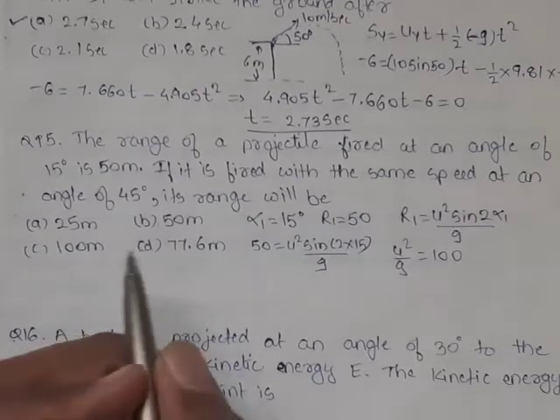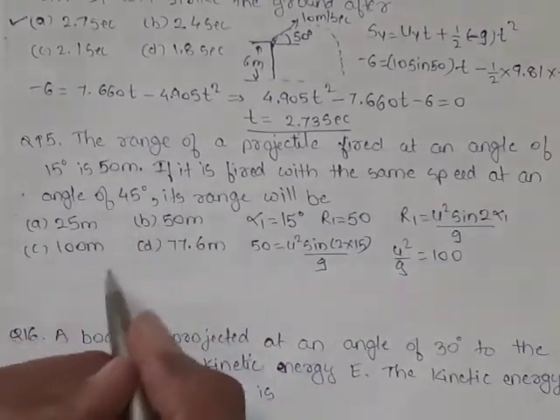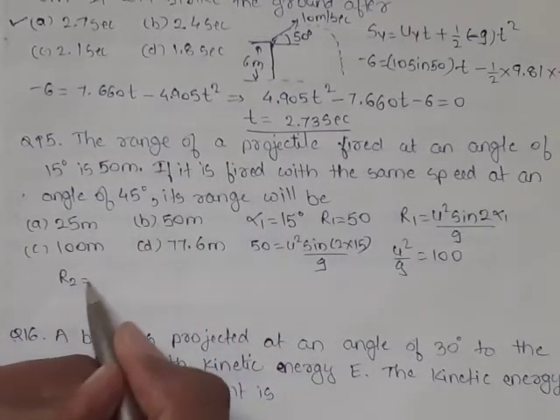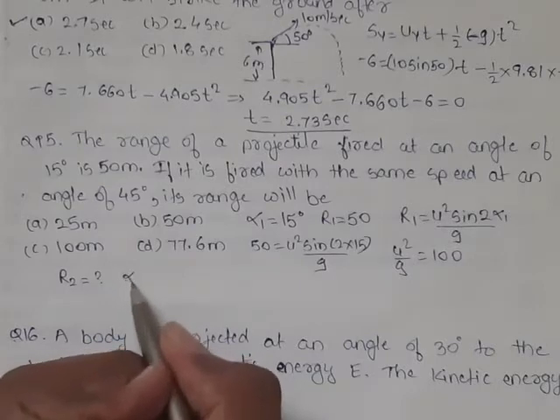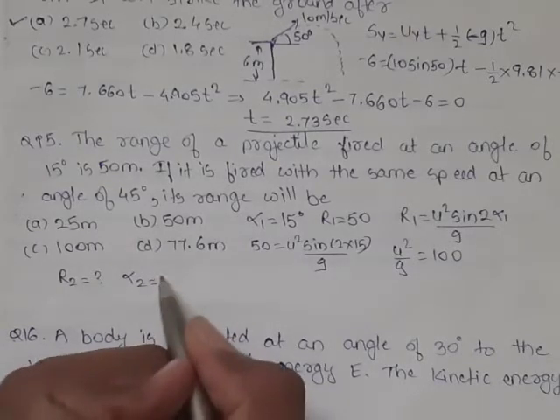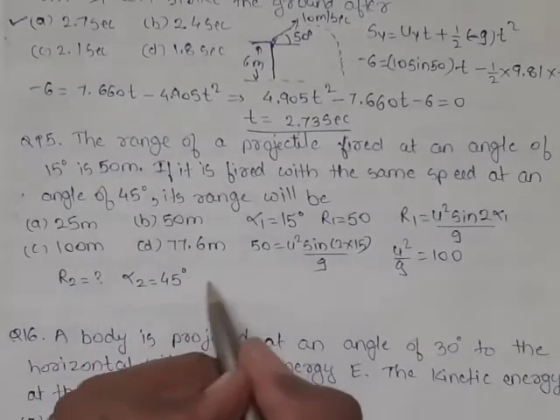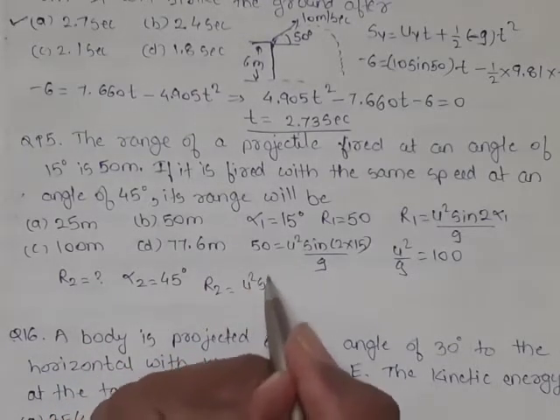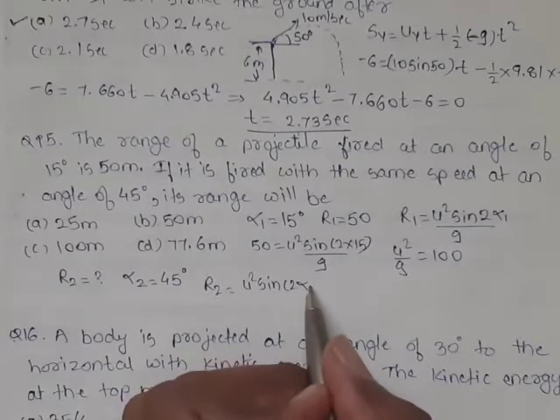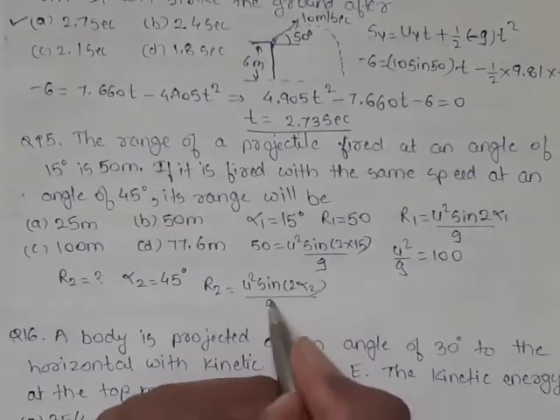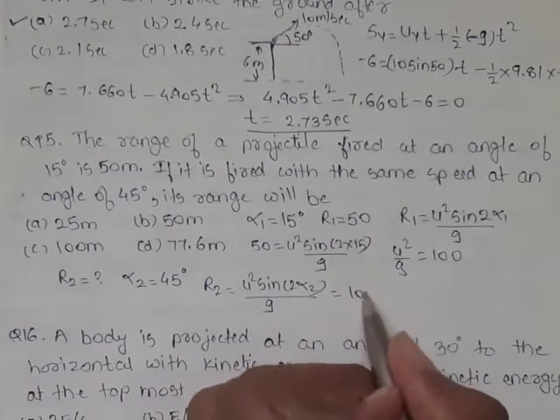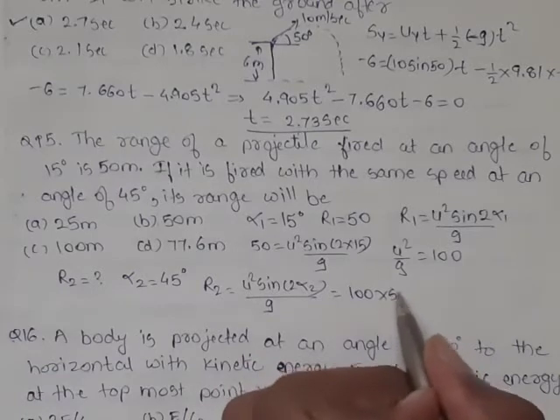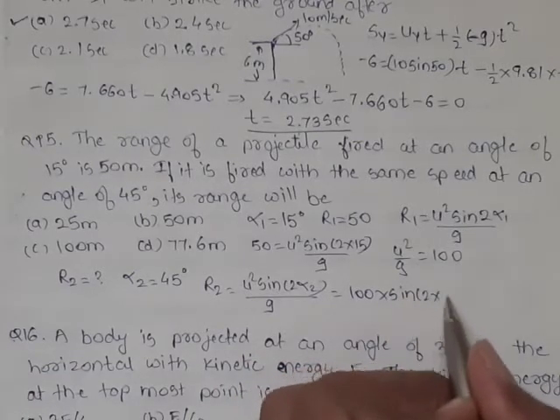Now we want the R2 value. R2 is asked when alpha 2 is equal to 45 degrees. So R2 is equal to u square sine 2 alpha 2 upon g. We know u square upon g is 100, into sine 2 into alpha 2.